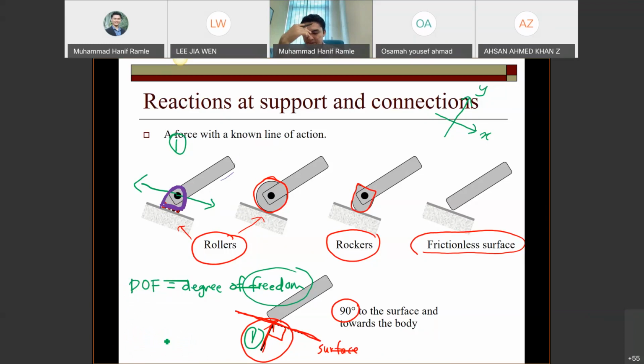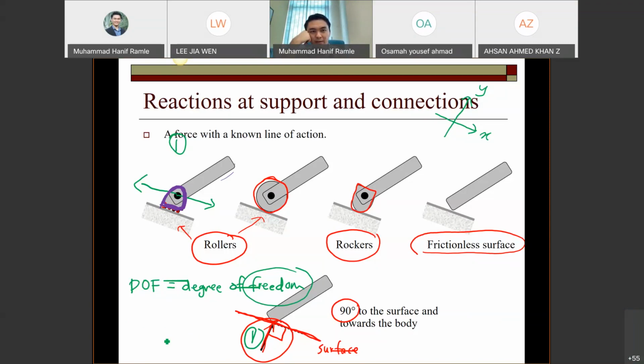Everyone, please think about it. How many DOF, directions of movement, can the system go? The answer is 3 actually. Do you know why 3?